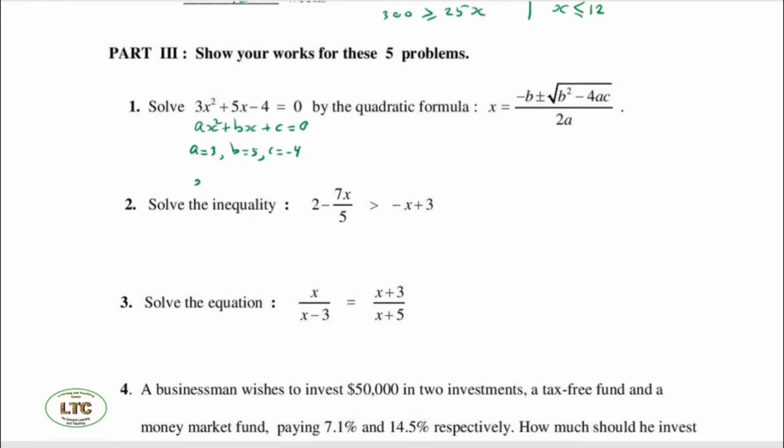So enter in the formula: negative 5, b squared is 5 squared, 4, a is 3, c is negative 4, 2a, 2 times 3. Simplify.